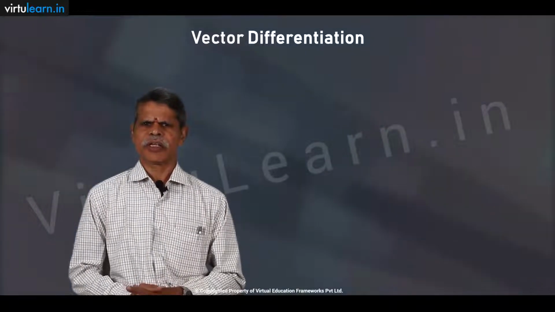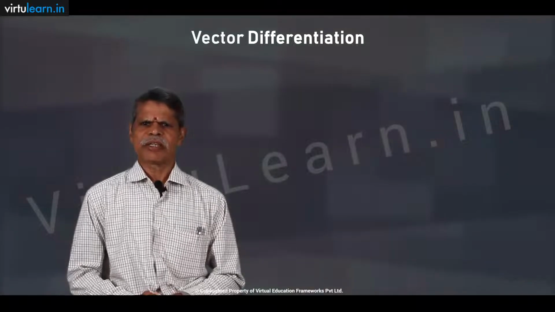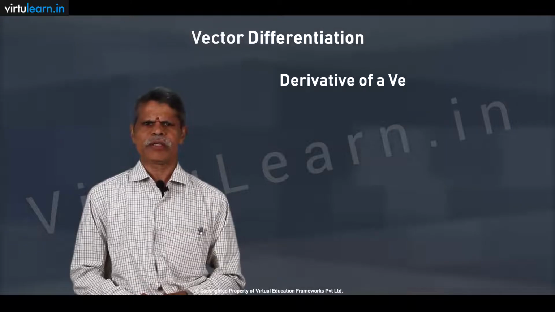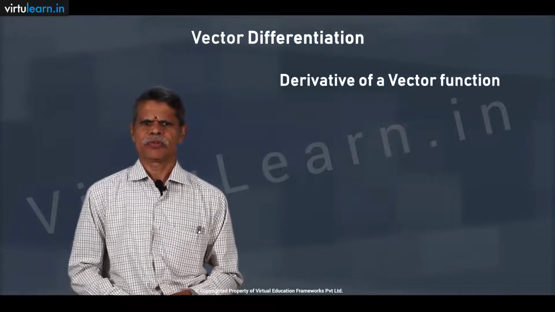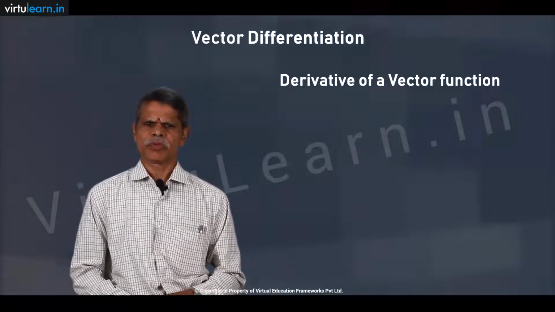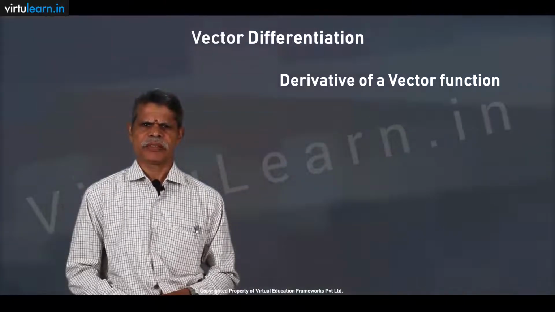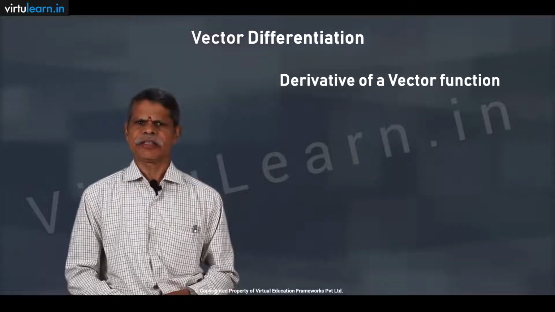To discuss vector differentiation, let's consider the basic definition of vector differentiation, or derivative of a vector. To define the derivative of a vector, we consider what is meant by a vector function. Suppose you consider a particle moving in space. It will be at different positions at different instants of time.